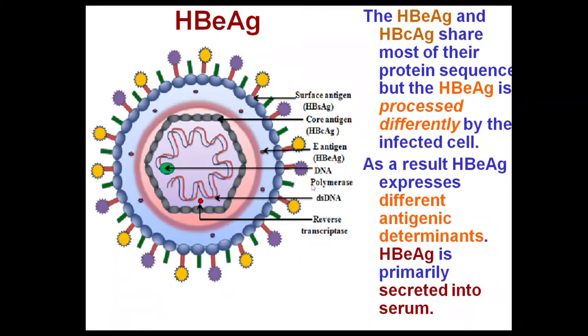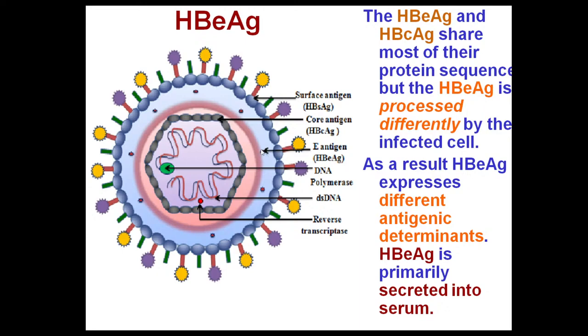And you can see that except for the hepatitis B core antigen, we have a very small amount of hepatitis B e antigen. Why so few molecules? Because the processing of hepatitis B e antigen is a bit different.